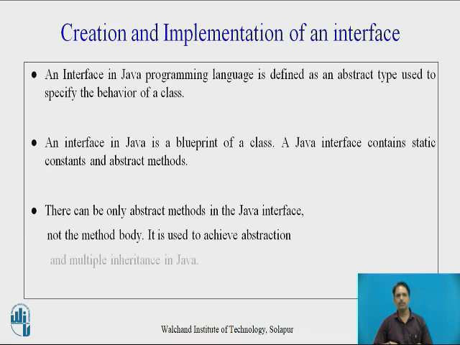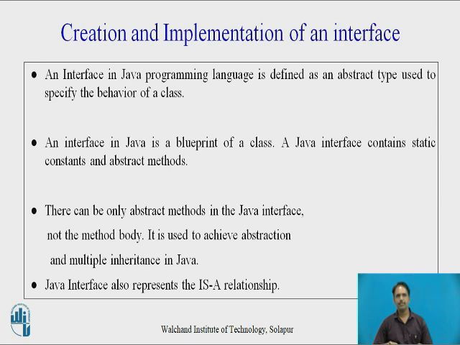It is used to achieve abstraction and multiple inheritance in Java. As we already know, multiple inheritance in Java is not directly supported, but we can achieve this multiple inheritance concept using abstraction. Interfaces help you to achieve abstraction at a greater level.